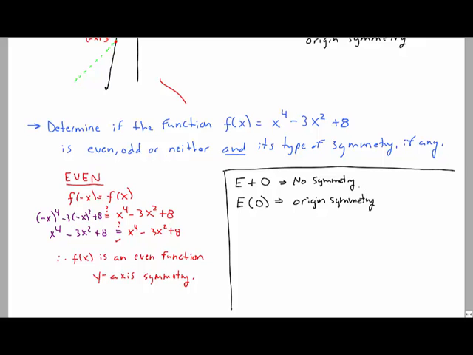And we can also talk about composites of these. What if I had an even plugged into an odd? Or what if I had an odd plugged into, or composited with, an even? Let's look at our first option. An even composited with an odd would be x-axis symmetry.